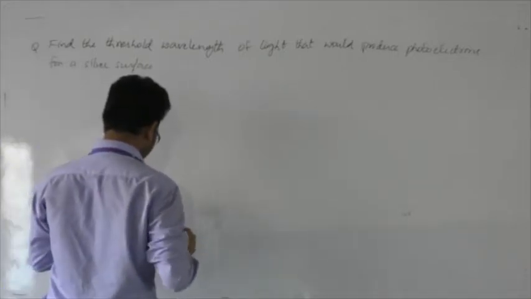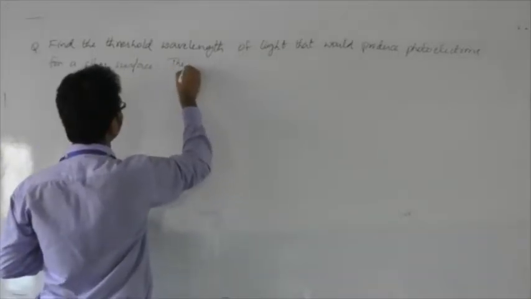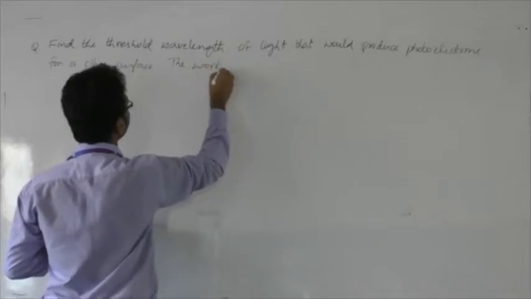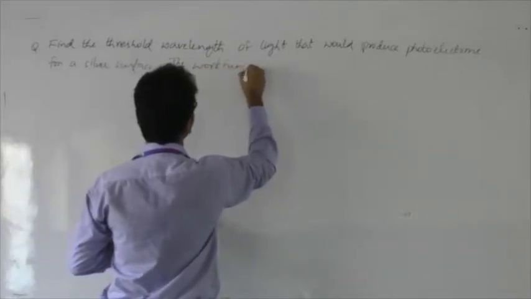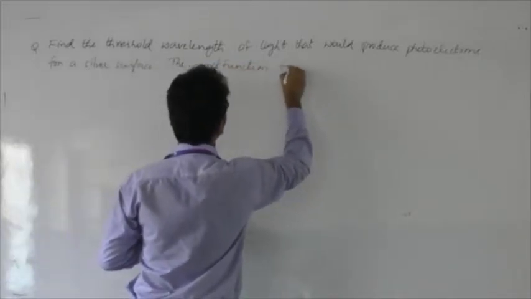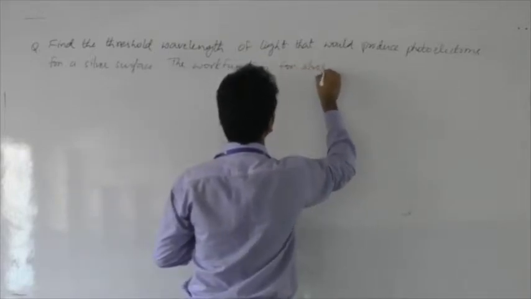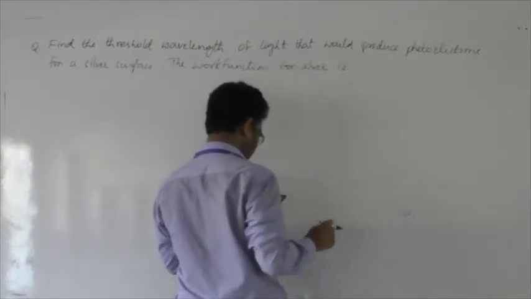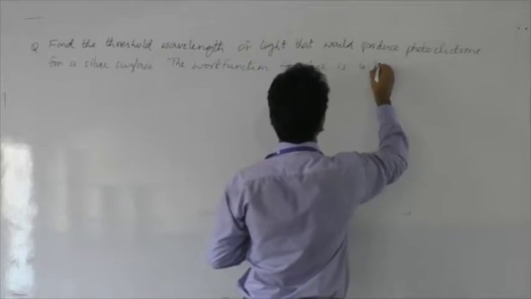The work function for silver is 4.8 electron volts.